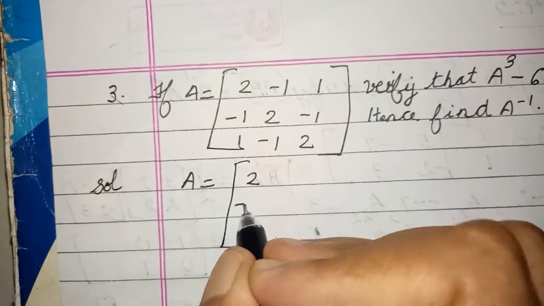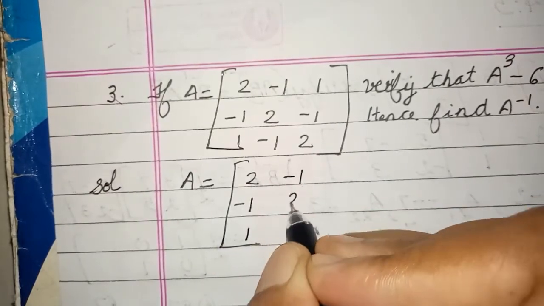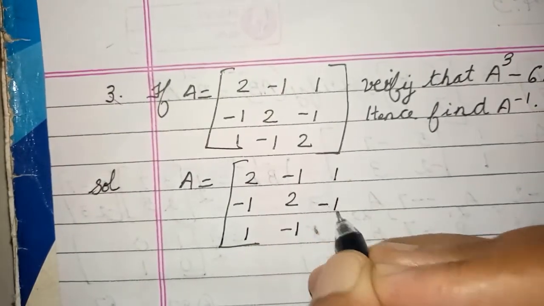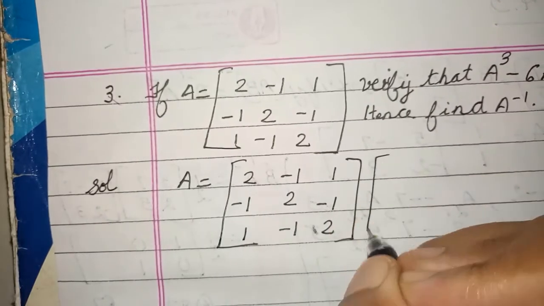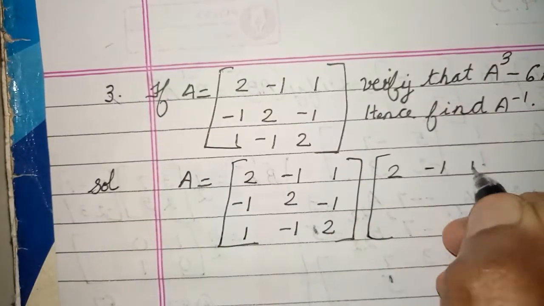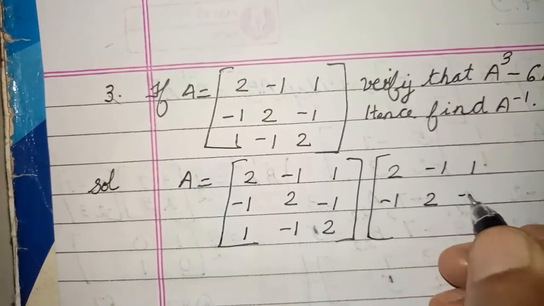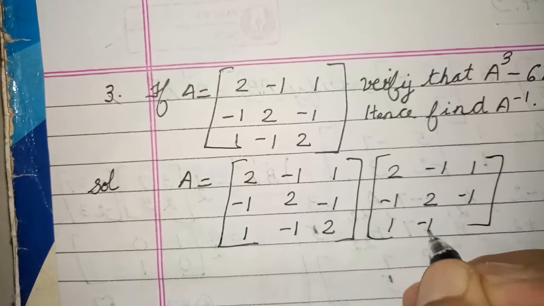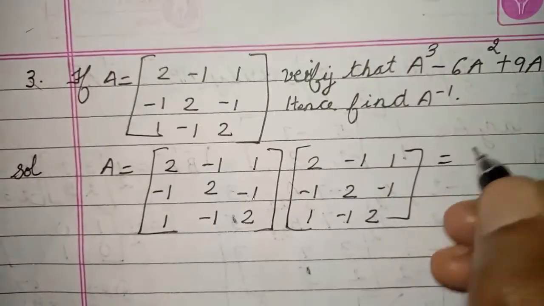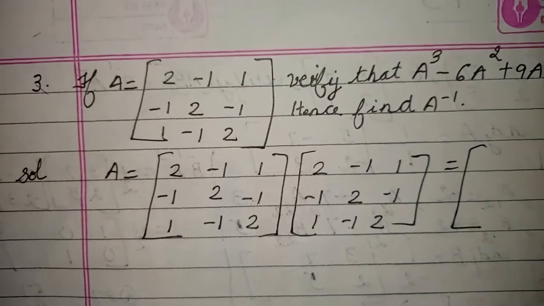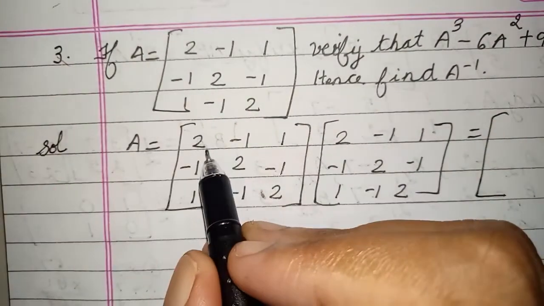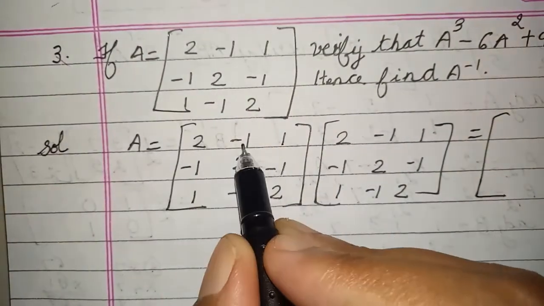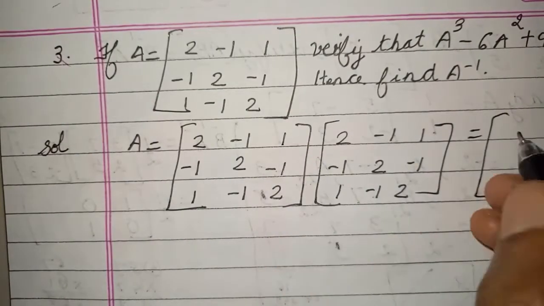So I'll write here the matrix [2, -1, 1; -1, 2, -1; 1, -1, 2] for A square, times the same matrix. Okay, do it orally, it will be easy. 2 2s are 4, 4 plus 1 is 5, 5 plus 1 is 6.